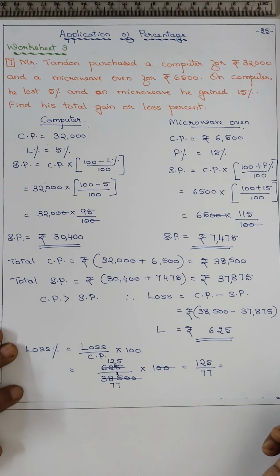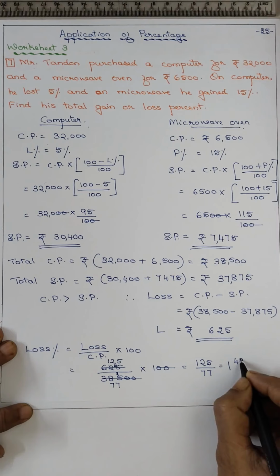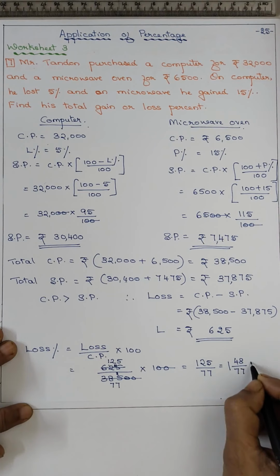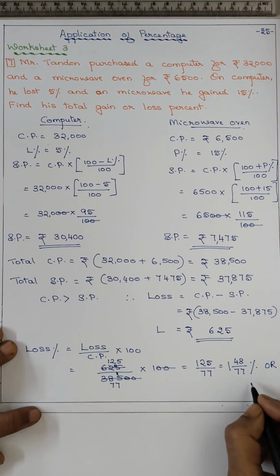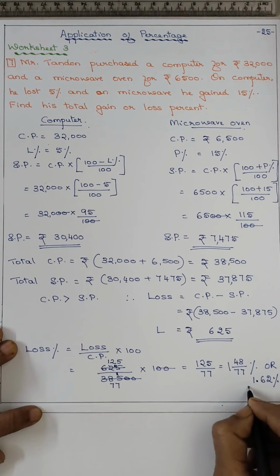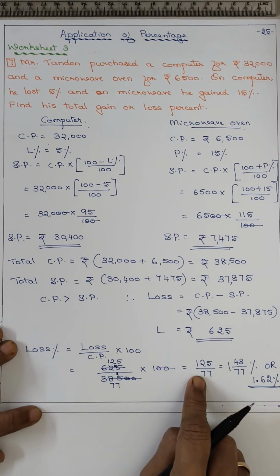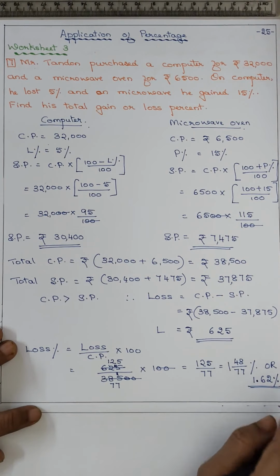No further cancellation. So if you write in the mixed form, it will be 1 and 48 upon 77%, or it will be 1.62%. This also you can keep, otherwise mixed or in the decimal form.